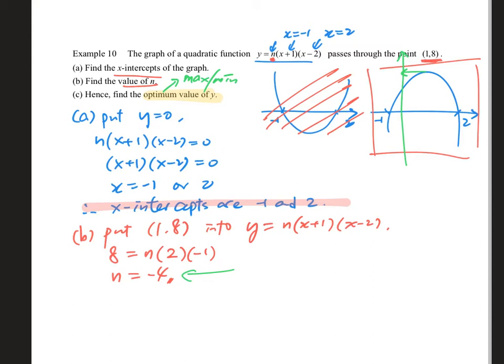Secondly, when you see the words optimum value, it is a very big hint: you need to rewrite the quadratic function from the a, b, c form into vertex form, or else you can't see the vertex very clearly. That comes to a very big task for us, right? Anyway, we try to do it one by one.